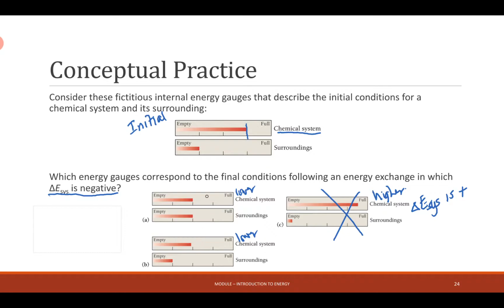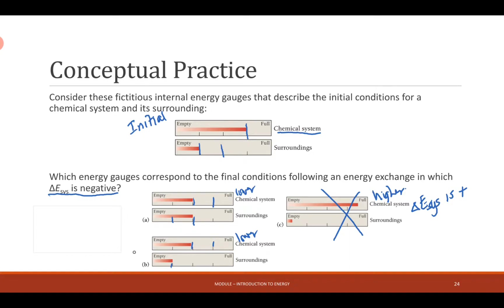Next up, let's look at the difference between these two. This one went down one notch, and then the surroundings went up one notch. This one, the system went down one notch, and then the surroundings didn't increase at all.